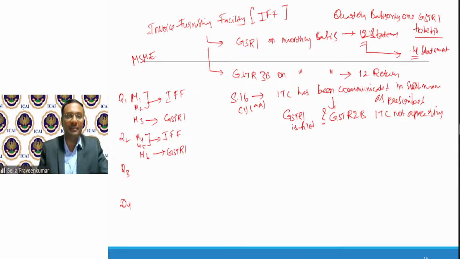If only month 3 GSTR-1 is filed, all customers will be unhappy with MSME business people. Then they say, use IFF for reporting B2B supplies.